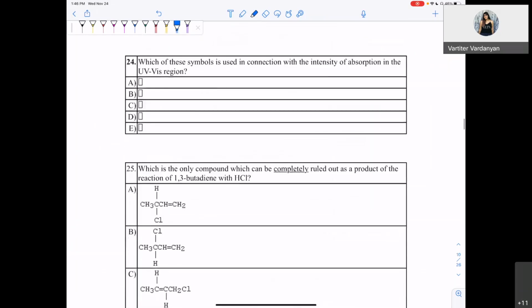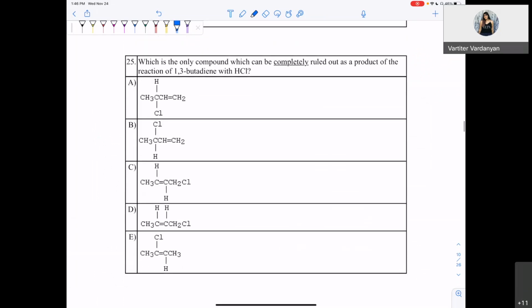All right. This question is saying which of the following would be completely ruled out as a product of an addition reaction, and we know it's an addition reaction because we're talking about 1,3-butadiene, and we're reacting it with HCl.